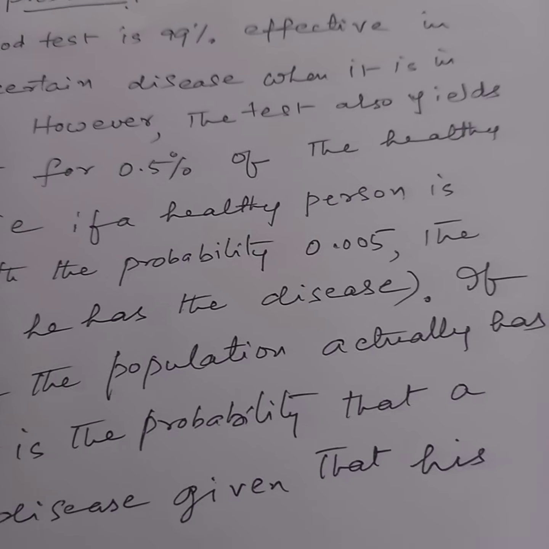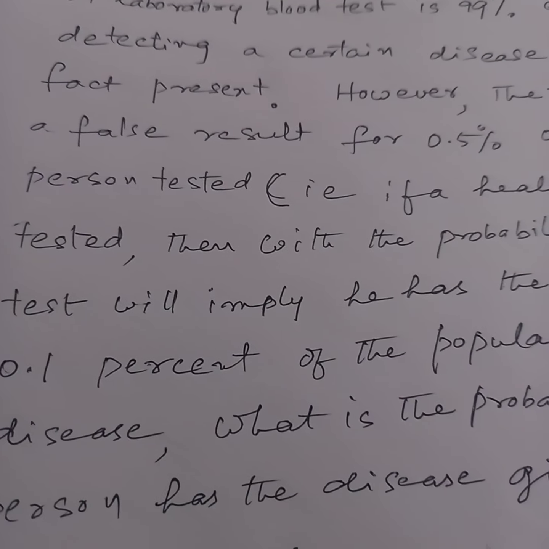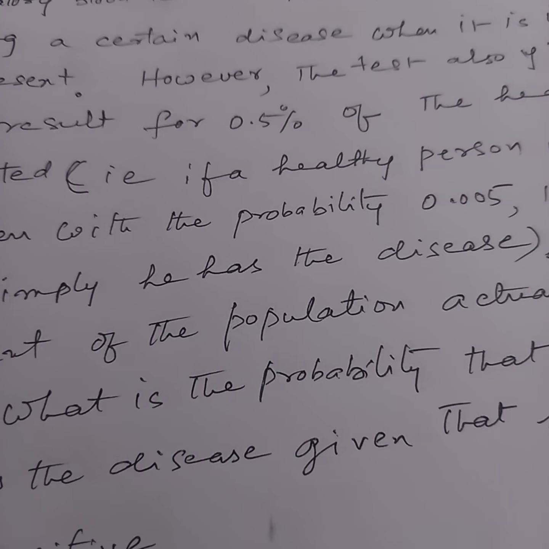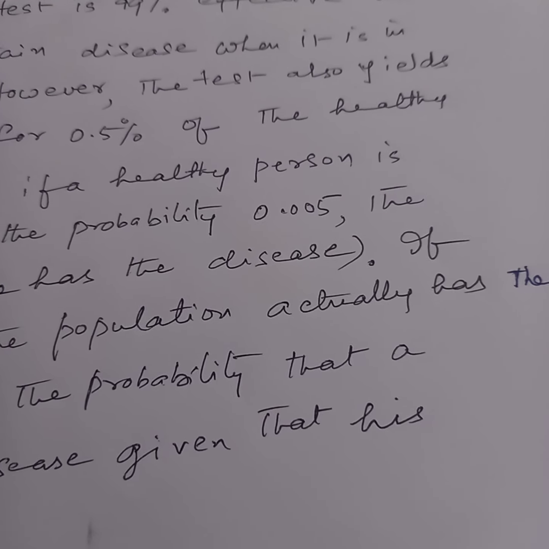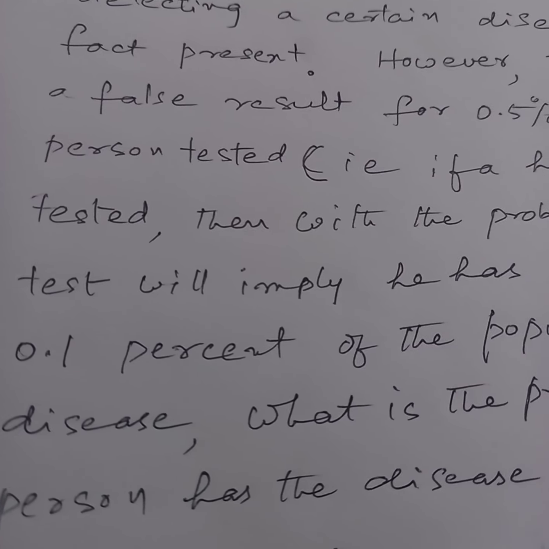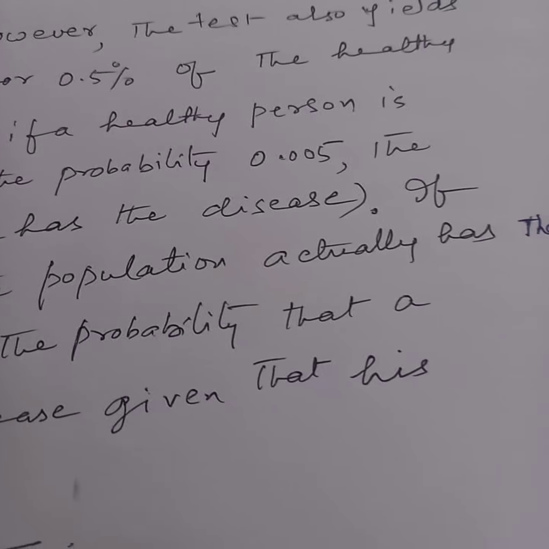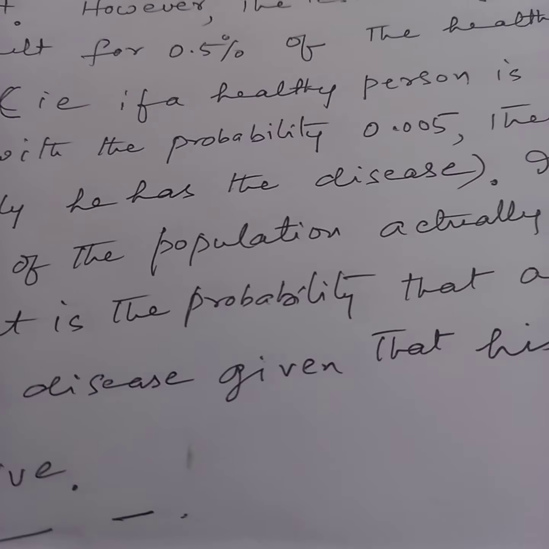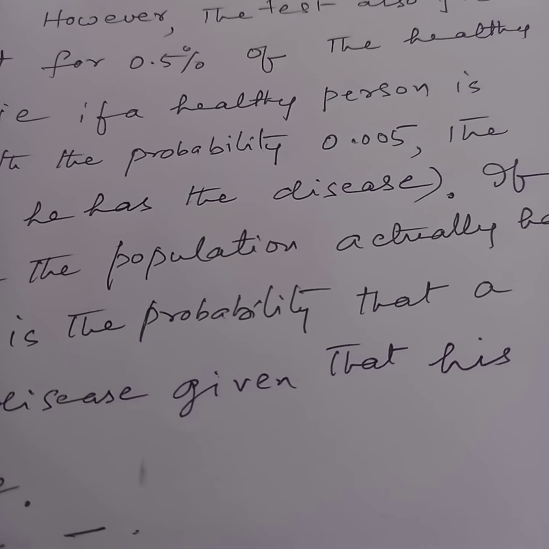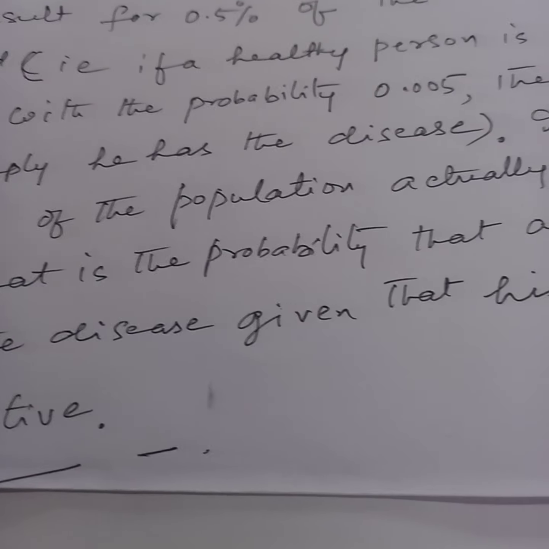However, the test also yields a false result for 0.5% of the healthy person tested. That is, if a healthy person is tested, then with the probability of 0.005, the test will imply he has the disease.